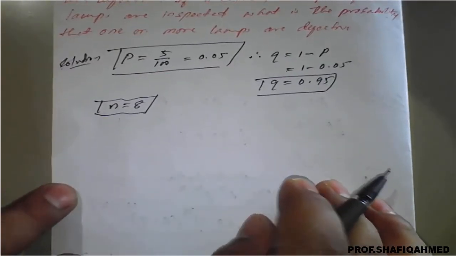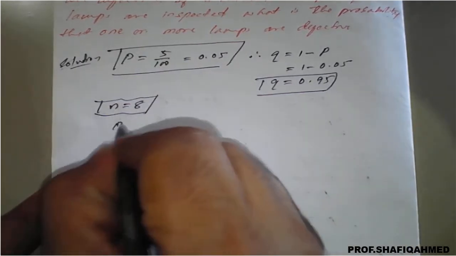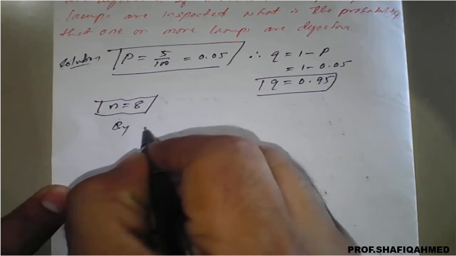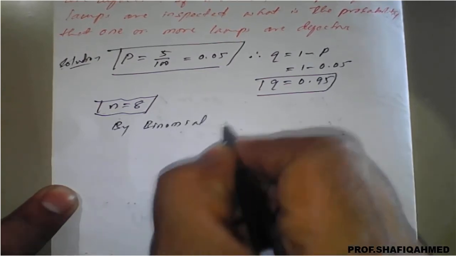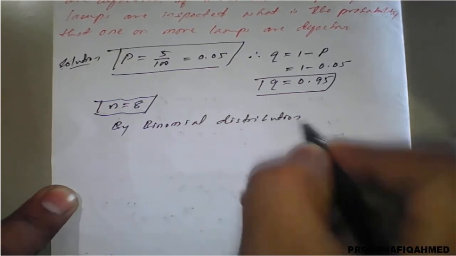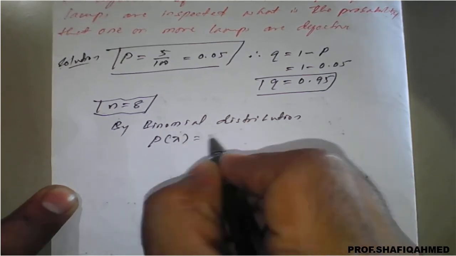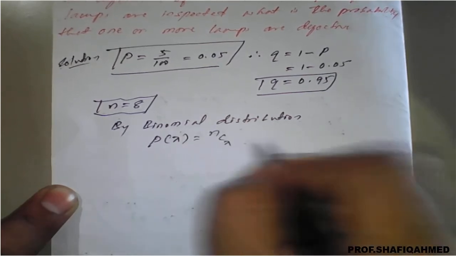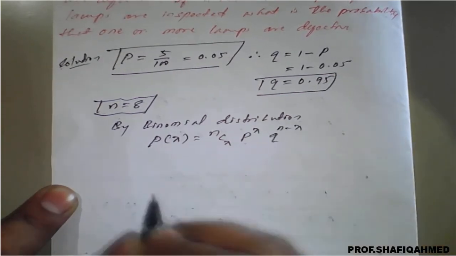So what is the probability of one or more? So by binomial distribution, it is given by P of x is equal to nCx p raised to x q raised to n minus x.